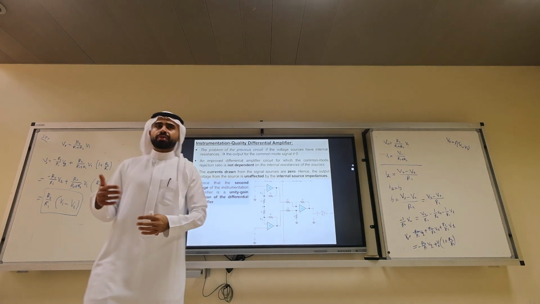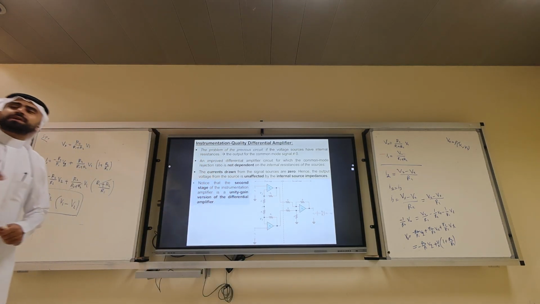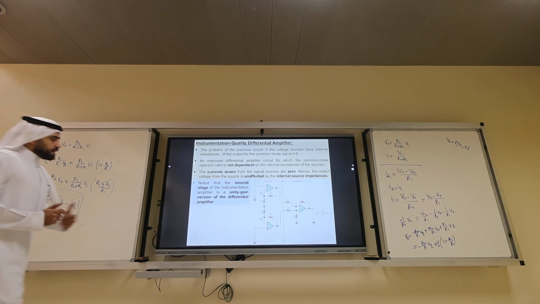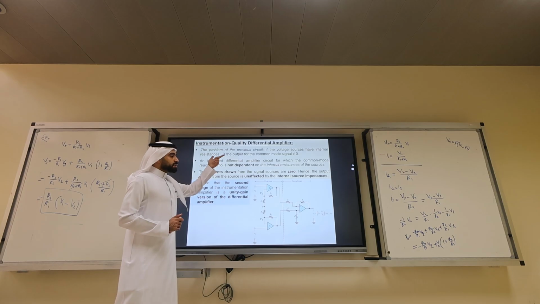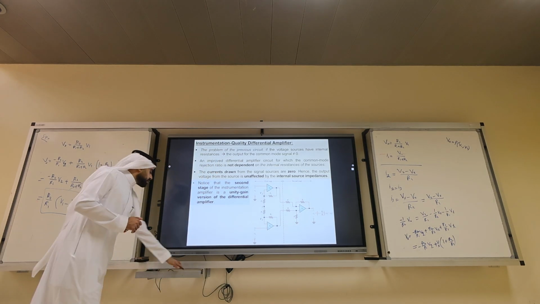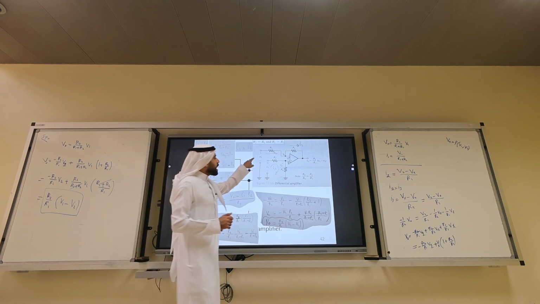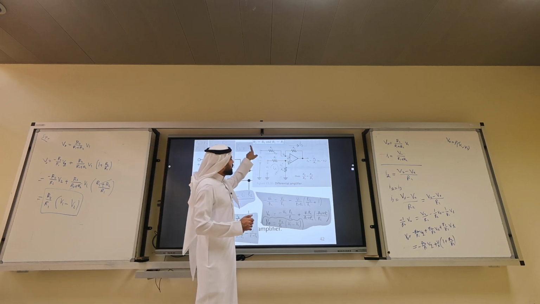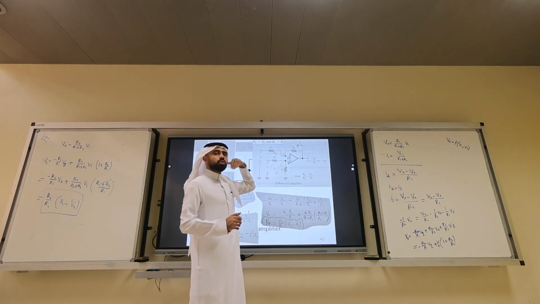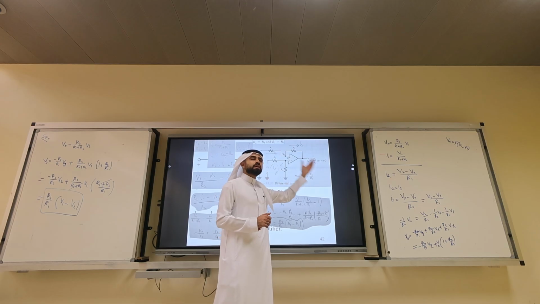If you do the math, the output will always be non-zero. It means that because of the voltage divider rule at the beginning, RS will be added to R3, RS will be added to R1, and you will always have a voltage divider, so your output will always be non-zero.